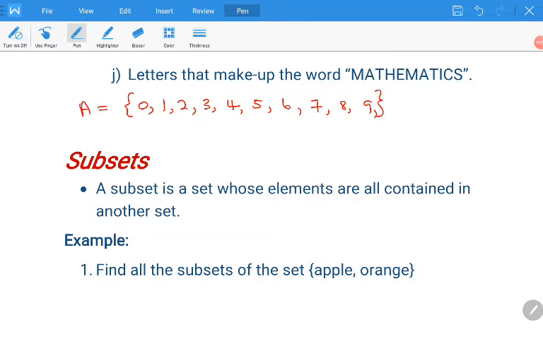And let's suppose D is a set of outcomes of throwing a dice. So if you throw a 6-sided dice, you can either get 1, 2, 3, 4, 5, or 6.